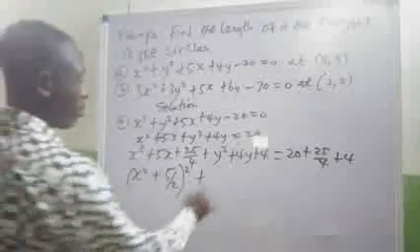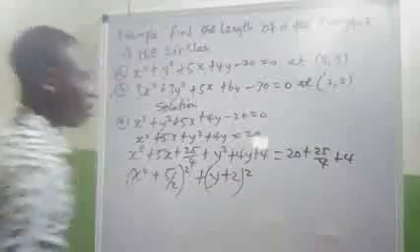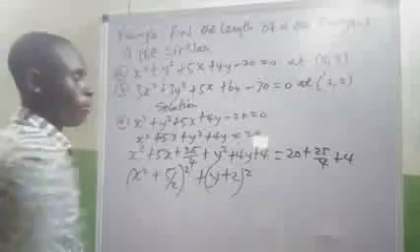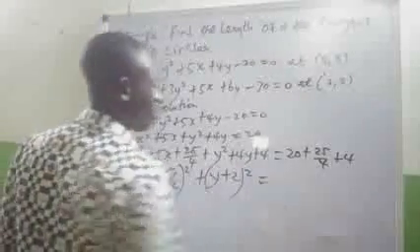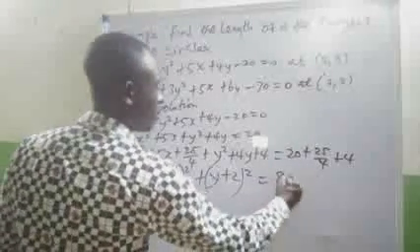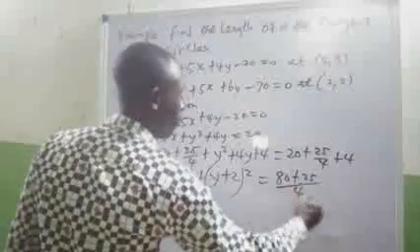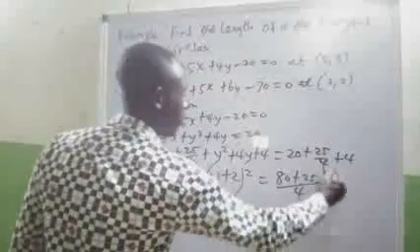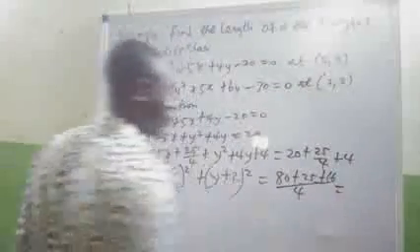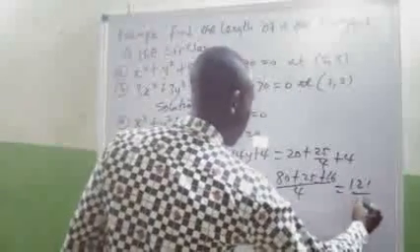We have y plus 2 all squared. To factorize this, get 5 plus 2. This will be equal to 4 times 20 is 80, plus 25 over 4. 4 times 4 is 16. If you add that together, that will be equal to 121 over 4.